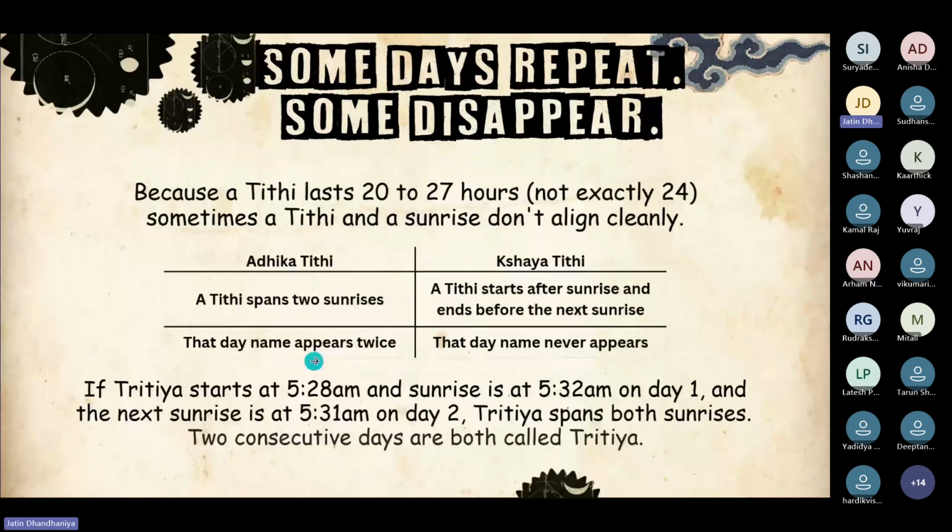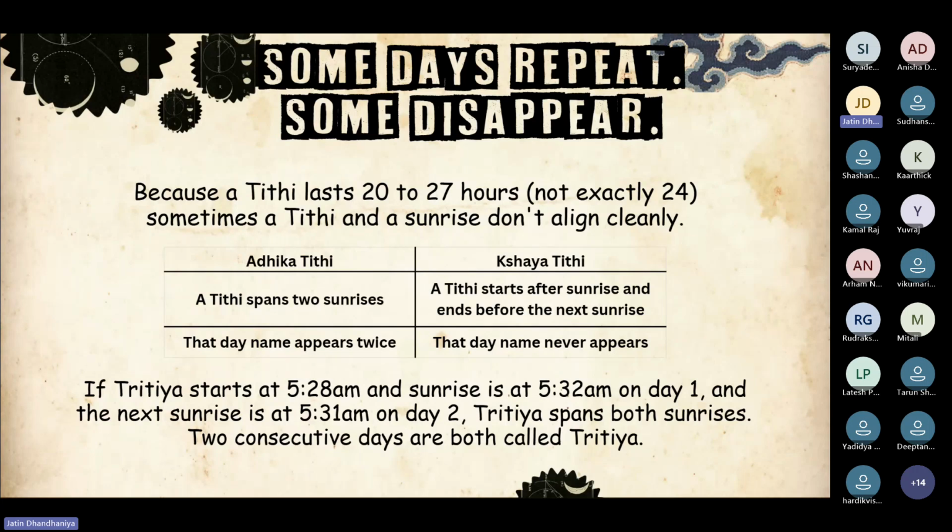About the Tritiya example, let's suppose today is Tritiya. Today sunrise is at 5:32 a.m., and Tritiya starts at 5:28 a.m. So Tritiya covers today's sunrise.